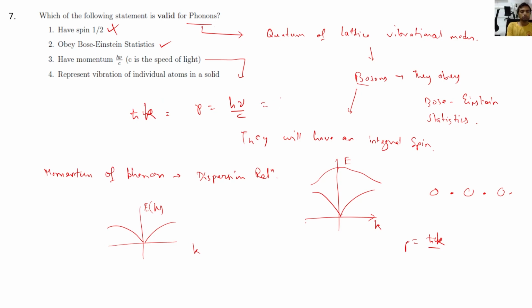So omega is equal to k c, which is not the case. If you plot this, it is just a linear plot of k and omega, and the slope is c, which is not the same as this. So that is why they don't have this momentum. This is not correct for phonons.